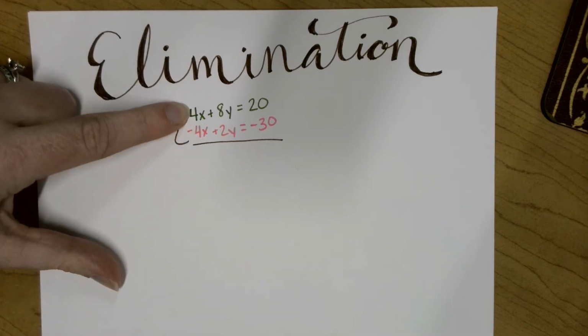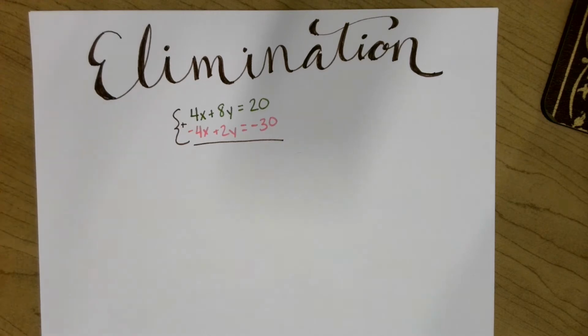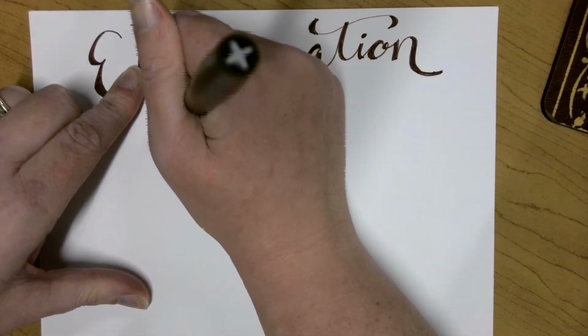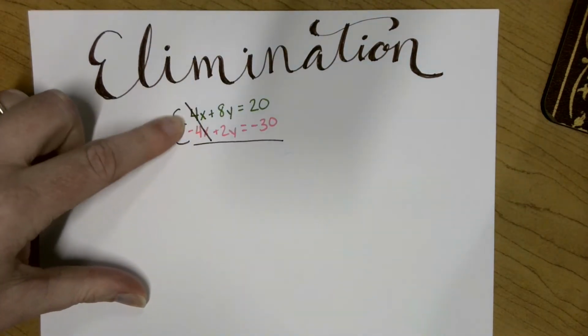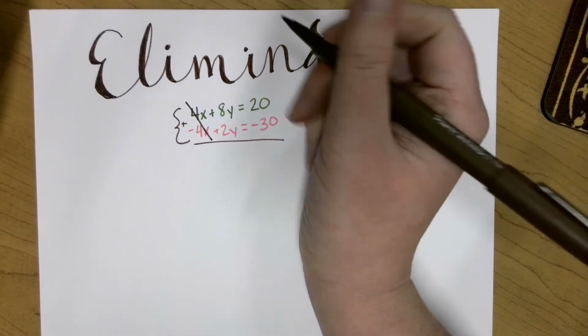Because if I wanted to add these two equations together, the 4 and the negative 4 will already cancel each other out. So we can go ahead and cancel 4x and negative 4x. Boom. 4x plus negative 4x is 0x or 0. So that's done. Don't have to worry about it.